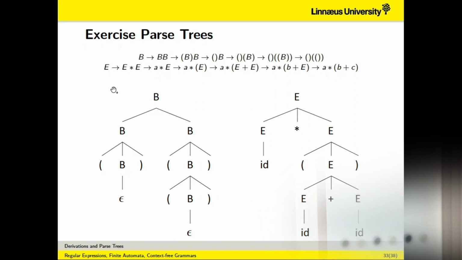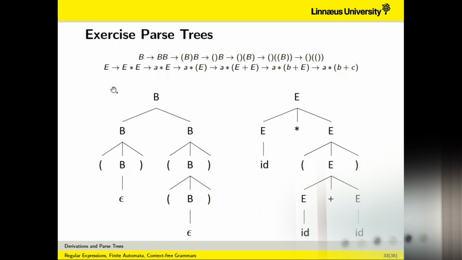And here we just have a parse tree. This one is for this derivation, and this one is for the other derivation. So basically, if a question comes with grammar rules or a derivation, and somebody asks you to define a parse tree, what you need to do is always start with the starting symbol.